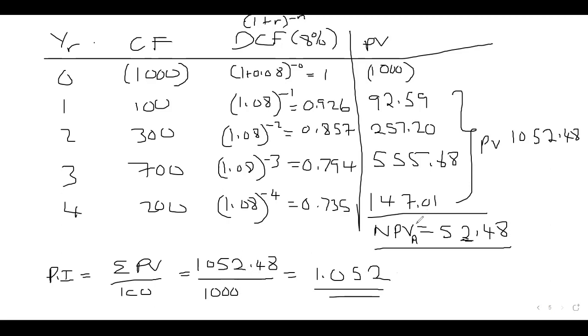Okay. So I now need you to do the same for project B. Sorry, Collins, just a question. I understand how you got these other figures from DCF, but for the PV, I've been trying to find which one you were multiplying. This one times this to get that.